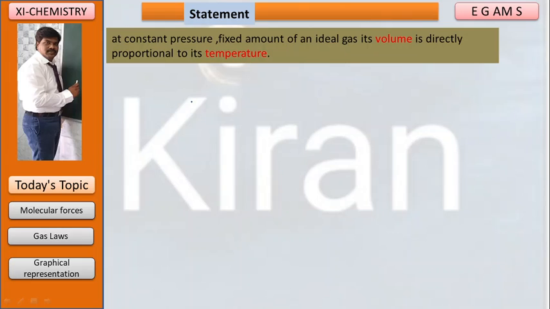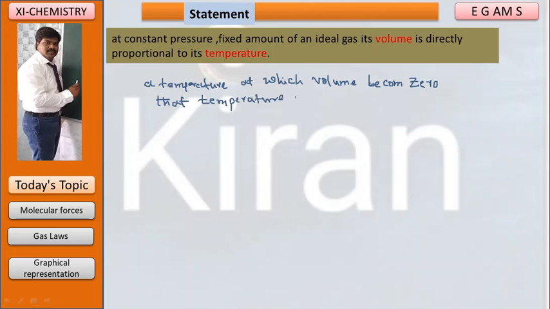Once again I am writing: a temperature at which volume becomes zero, that temperature is known as what?